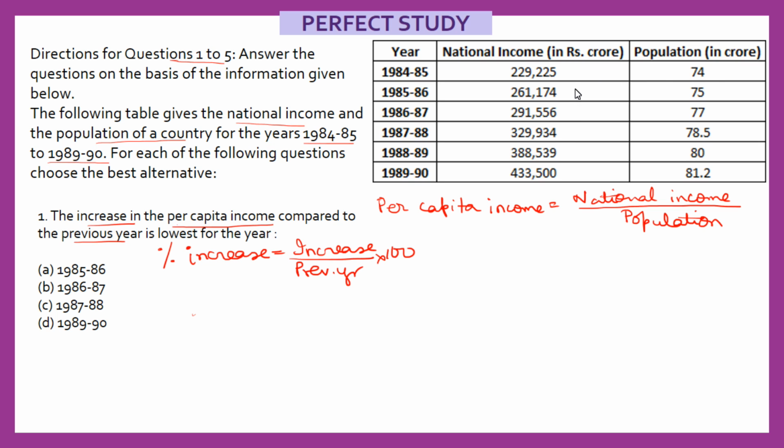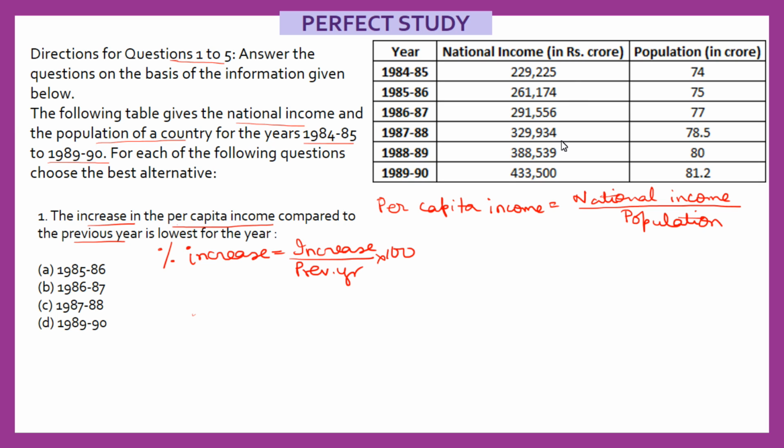So shall we divide this 6 times, get the per capita income and then calculate the percentage increase, which will actually take a hell lot of time, and the divisions in themselves are not easy. Division by these 2-digit numbers and then decimal values. So let us understand some basic conceptual approach how to solve this question without doing any division at all.